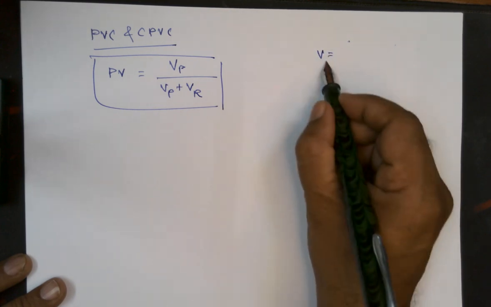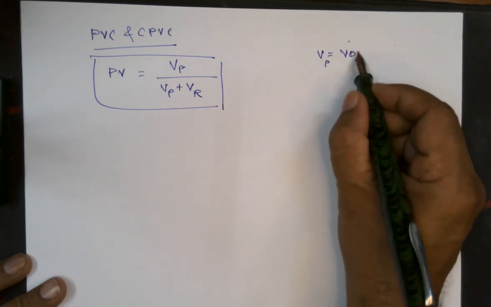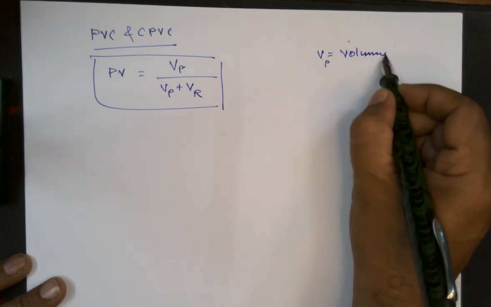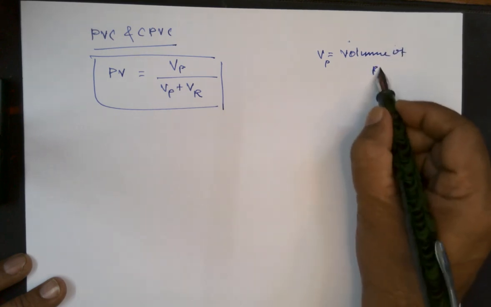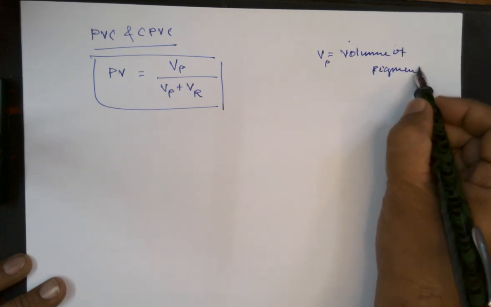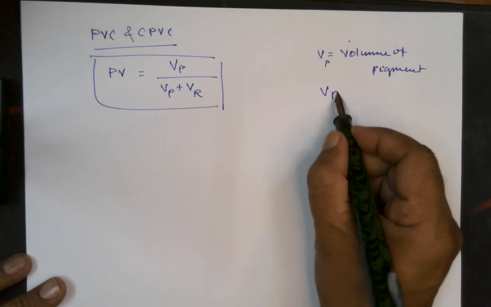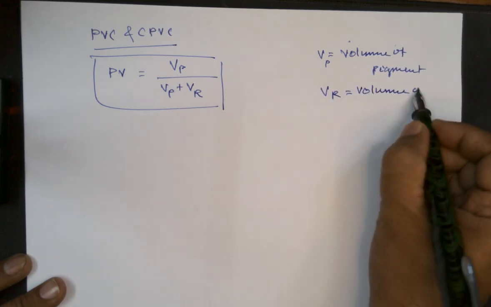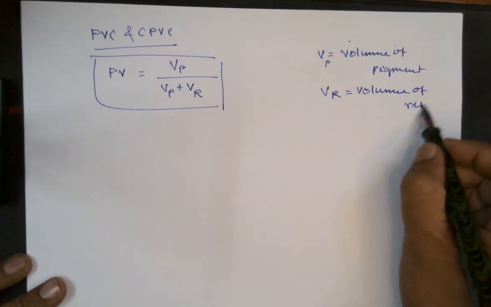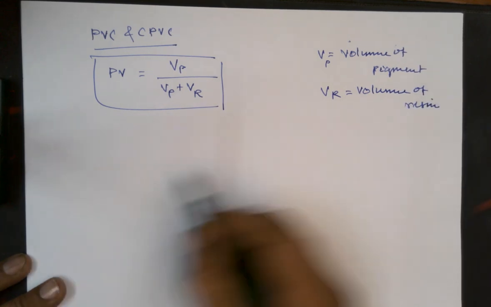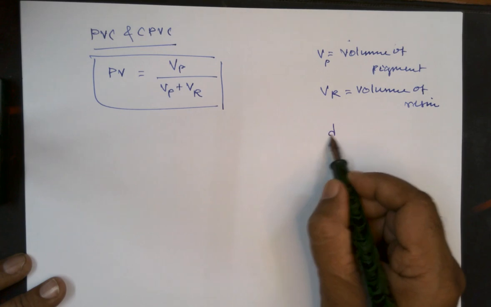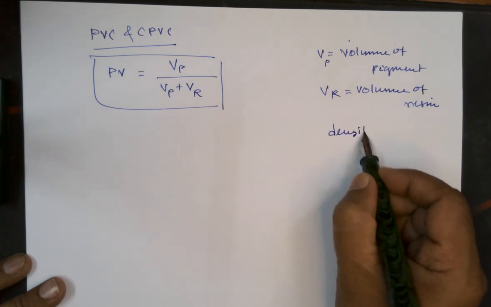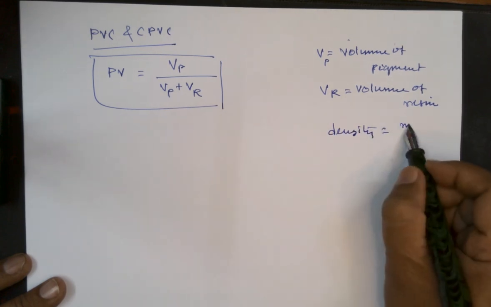So VP means volume of pigment and VR means volume of resin. You know, the density is nothing but mass by volume.